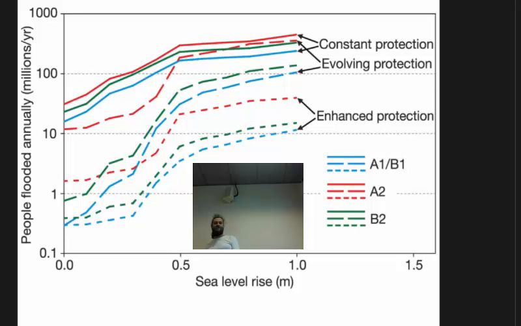And what you see is that if sea level rises, then at the moment about 50 million people on the coast are flooded each year, and that would go up to 500 million or so. So that's a tenfold increase for a meter of sea level rise.